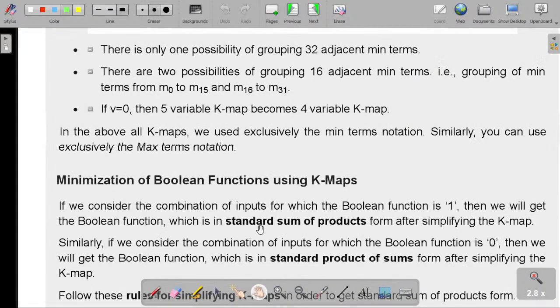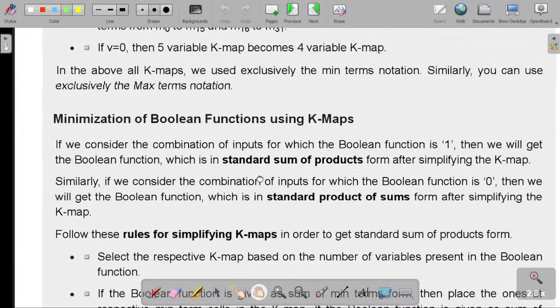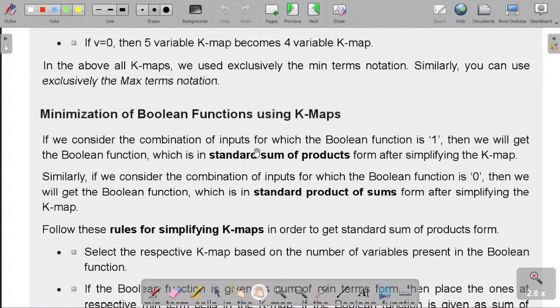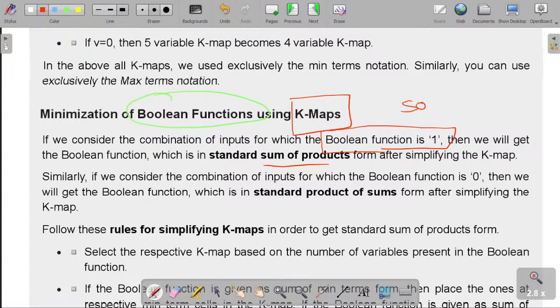Now we'll discuss minimization of the Boolean function using the K map. If we consider the combination of the inputs for which the Boolean function is 1, then after simplifying the K map we will get a Boolean function in standard sum of products, SOP form.